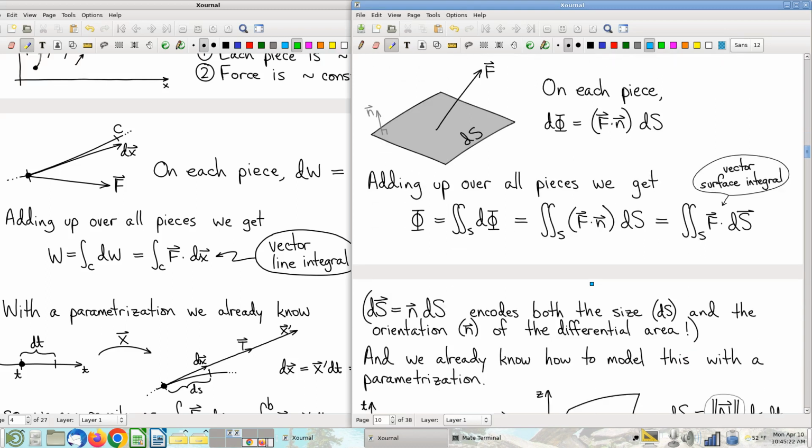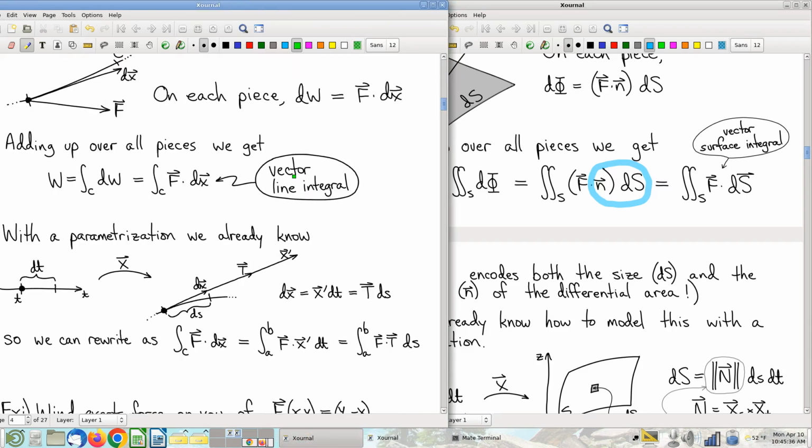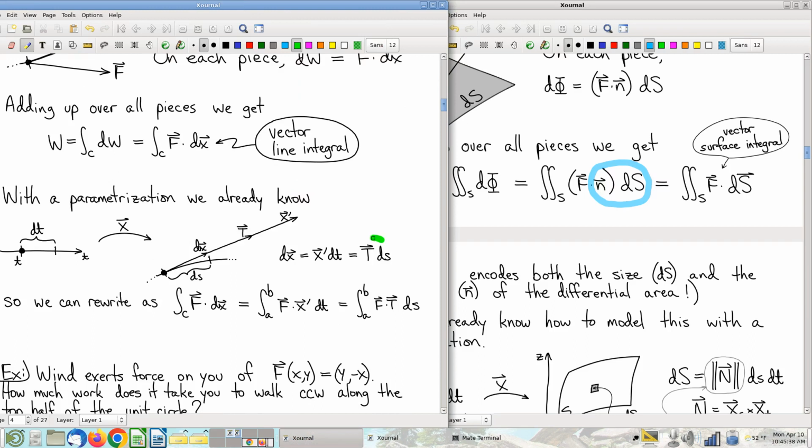Now there is a notational thing here that I'm going to point out. This thing here, little n times dS, is pretty analogous to this thing over here, T dS scalar. Let's think about what T dS scalar is. T is a unit vector describing the orientation. Well, let's look over here.